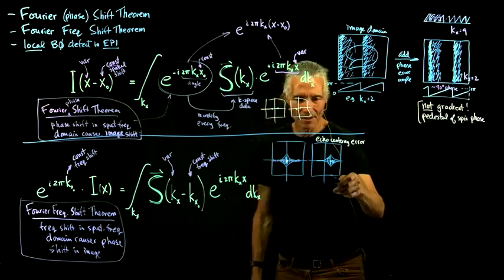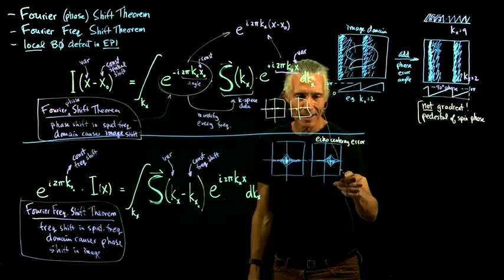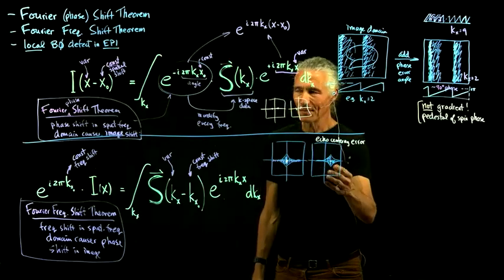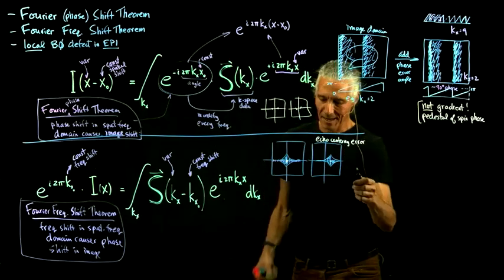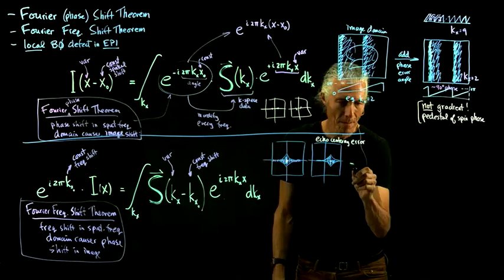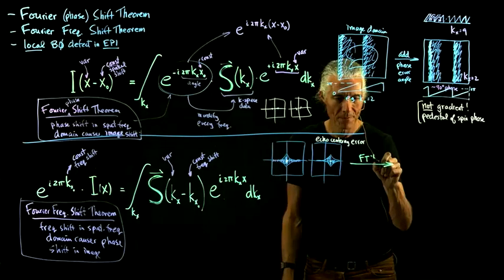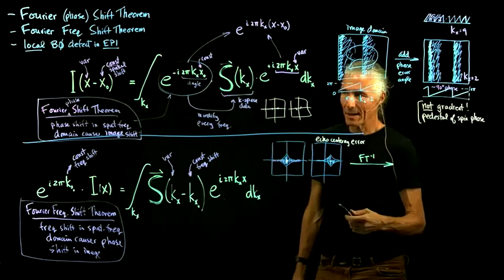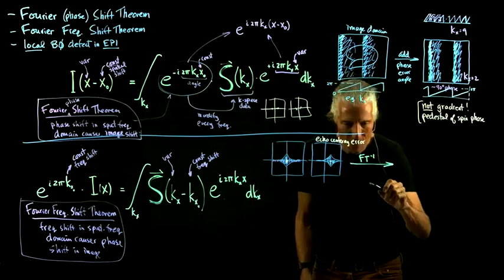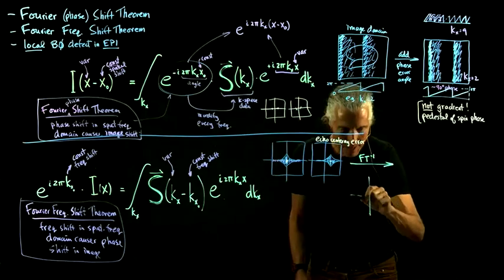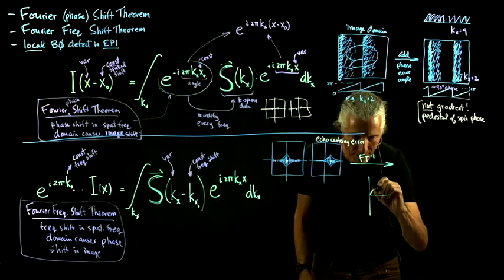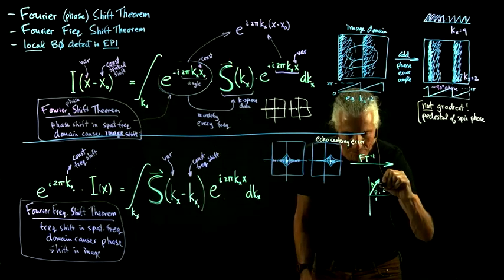So if we take this shifted data and inverse Fourier transform it, we're going to get a complex number. At each single data point it's going to look something like a complex number like that, with a real part and an imaginary part, and there's the phase angle, and there's the amplitude.